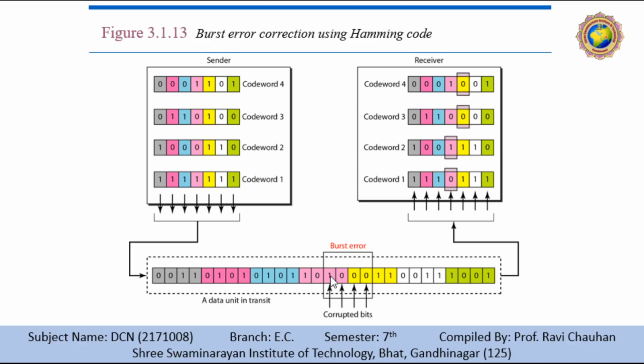So over here, a 0 is changed, over here a 0 becomes a 1, and over here a 1 is changed to 0. Only one bit from each code word is corrupted. The corrupted bit in each code word can be easily corrected at the receiving side. So it is a very nice point for error correction with the Hamming code.